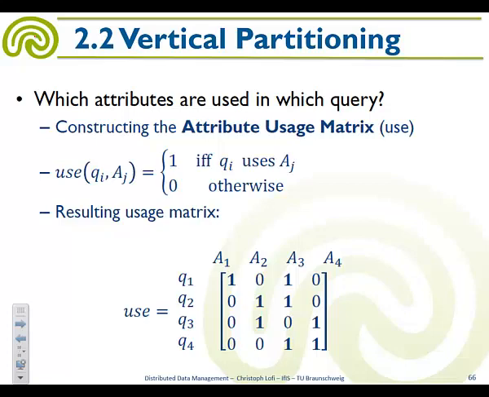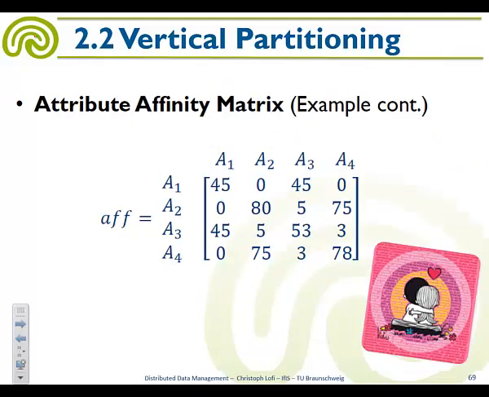Attribute 2 is used in query 2 and query 3. So if we have a look at attribute 2 here, attribute 2 is used 80 times conjointly with attribute 2, also with itself. That's the number of times query 2 and query 3 were executed, 80 times. Now, attribute 2 is used 5 times together with attribute 3, because the combination of attribute 2 and attribute 3 was only used in, I think, query 4, which was executed 5 times.